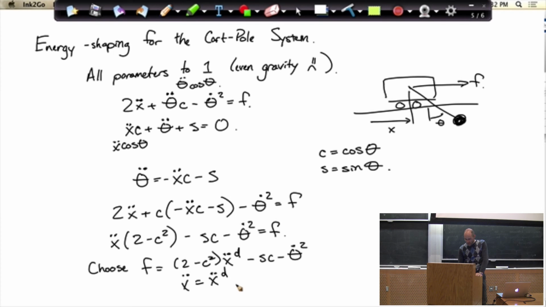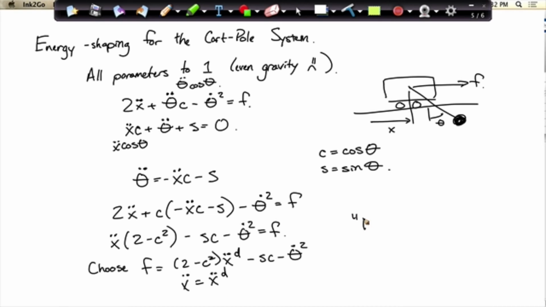Yeah. Now, what does this controller smell like? Feedback linearization, right? And it is, okay? But I haven't feedback linearized the entire dynamics, right? I just feedback linearized one of the variables. So this is an example of something called partial feedback linearization.